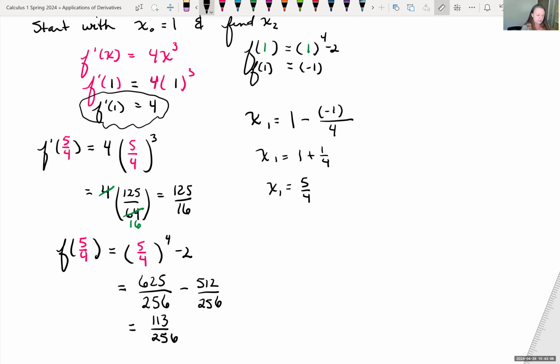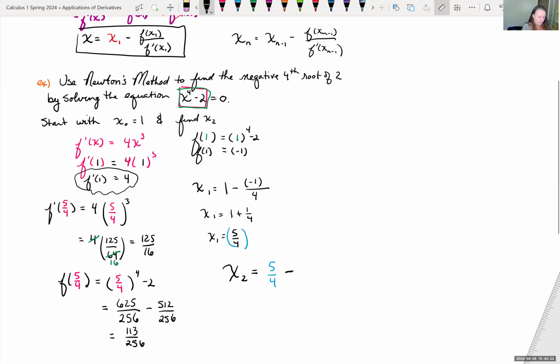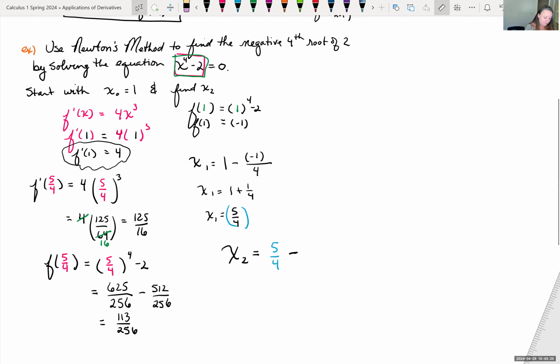So our x of 2 value is equal to x of 1, which is 5/4, minus f of 5/4, which is this 113 over 256, divided by our derivative evaluated at that 5/4, which we found was 125 over 16.